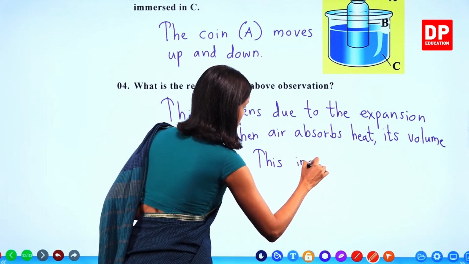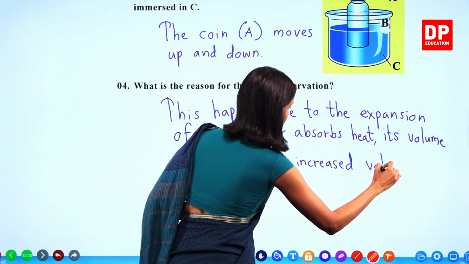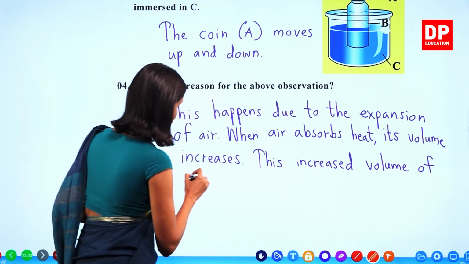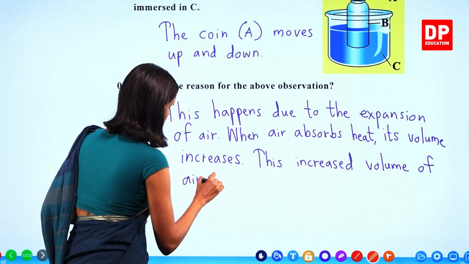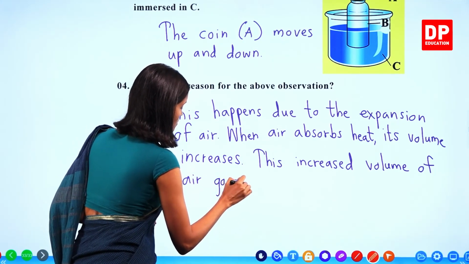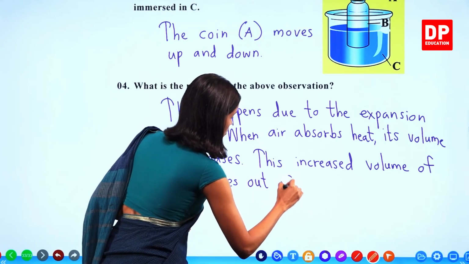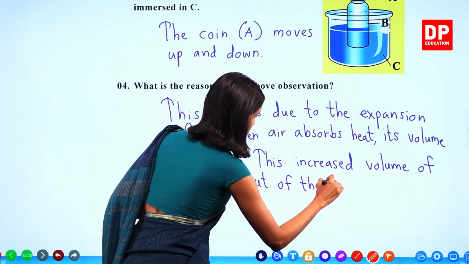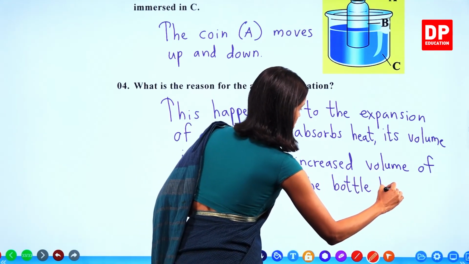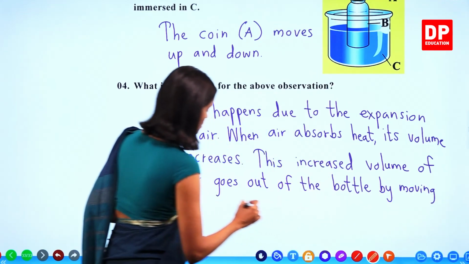This increased volume of air goes out of the bottle by moving the coin up.